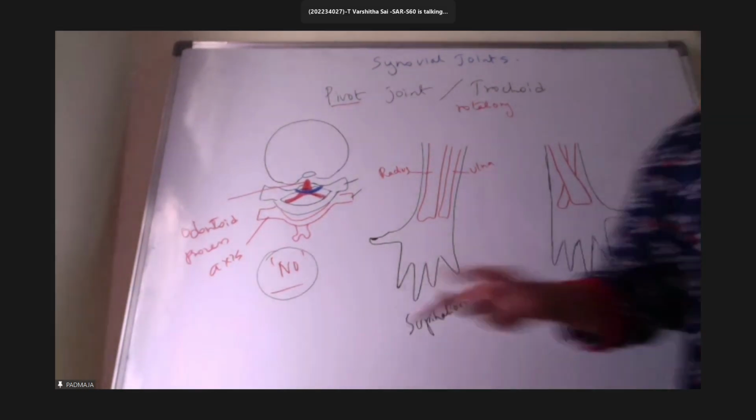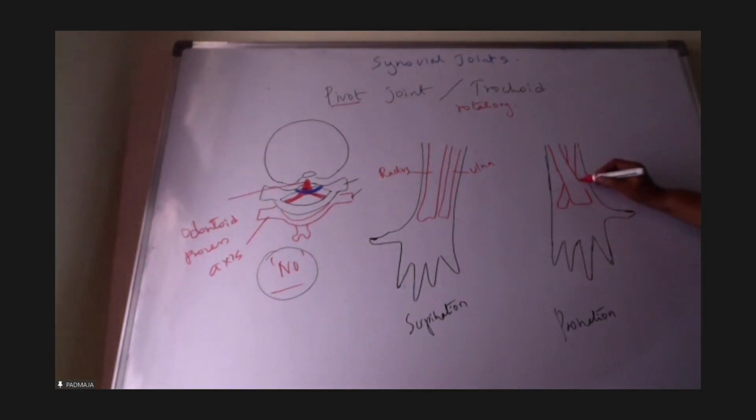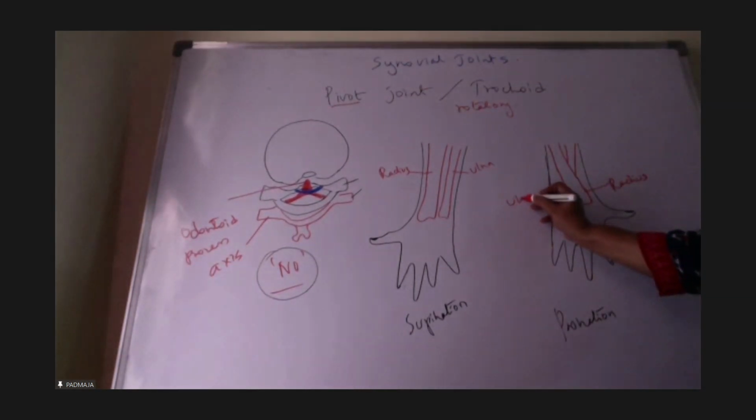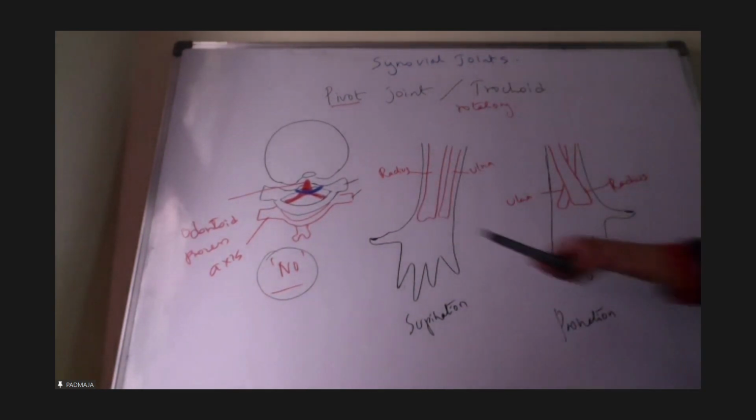Yes, ma'am. So draw this. Now you know the labeling. This is always towards your thumb. It is the radius, and this is the ulna. Example for rotation joints.